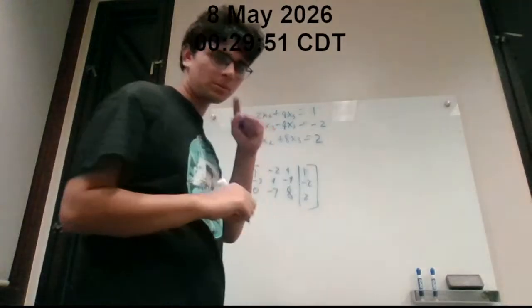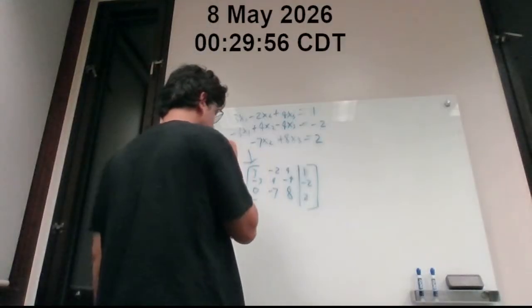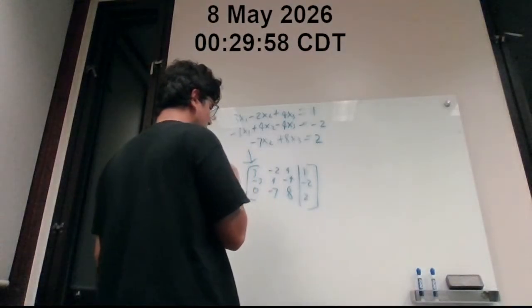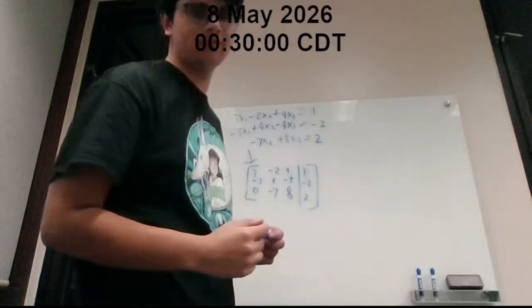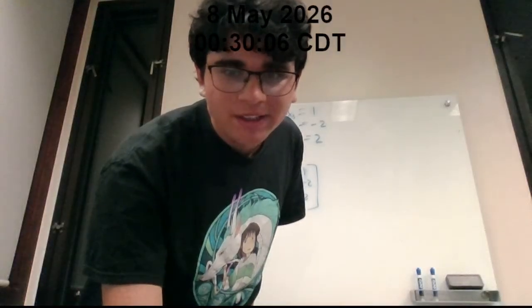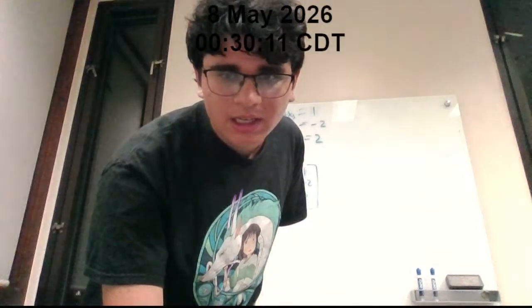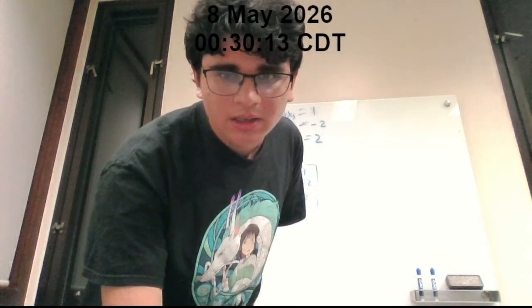So now, what we kind of want to do from here is reduce this to row echelon form. I think it's fair to determine that, right? Should I define row echelon form?